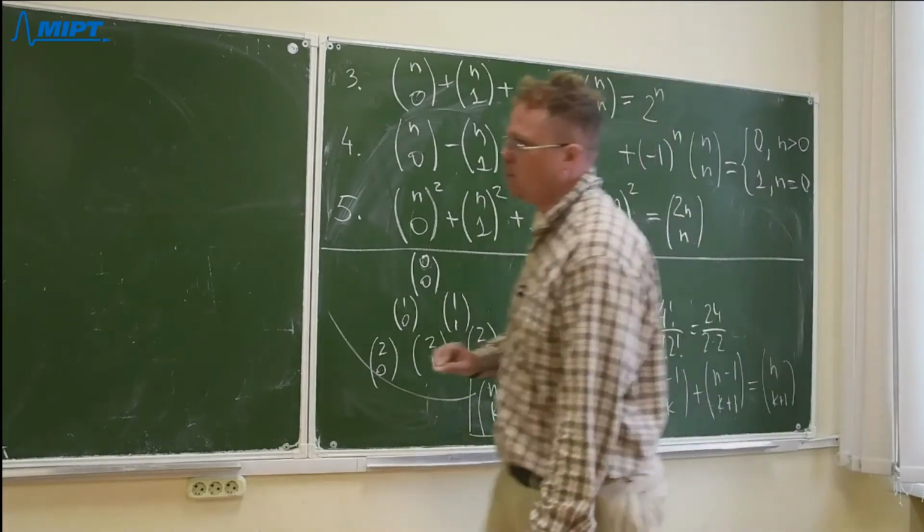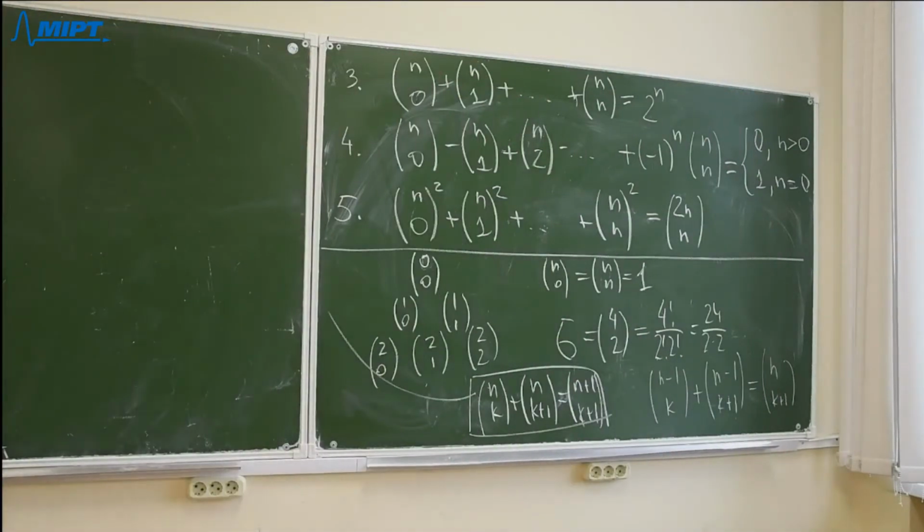So here we have the first element in the second row, the second element in the fourth row. So this is 4 over 2. This is 6 over 3, and this is 8 over 4. Okay. So we get the answer.